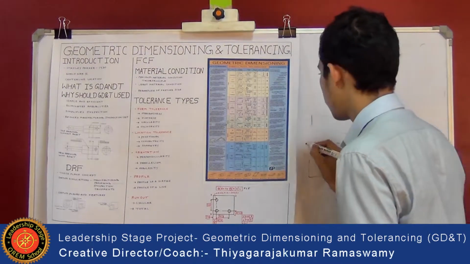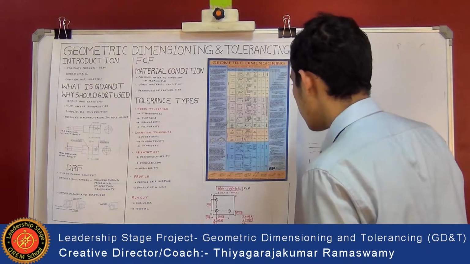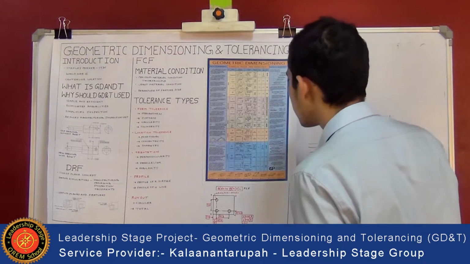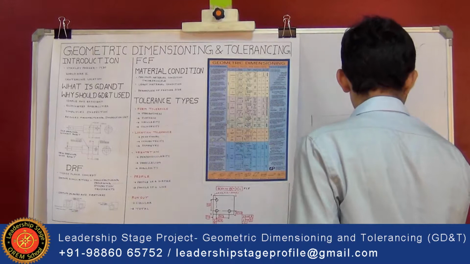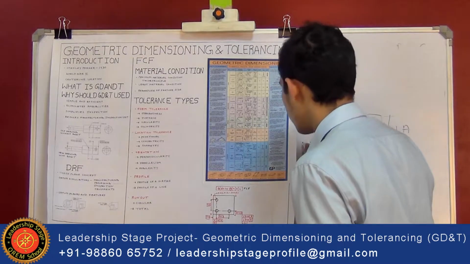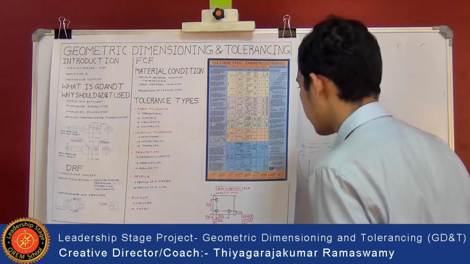This has an overall size of, let's consider it as 0.4, and the tolerance zone here is represented using the feature control frame.